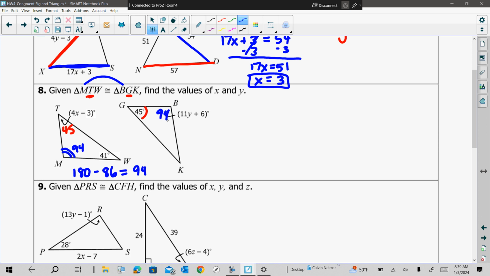So now I can find the variables, because I can see that to solve for x, this 4x minus 3 is going to equal 45. And to solve for y, my 11y plus 6 is going to equal 94.